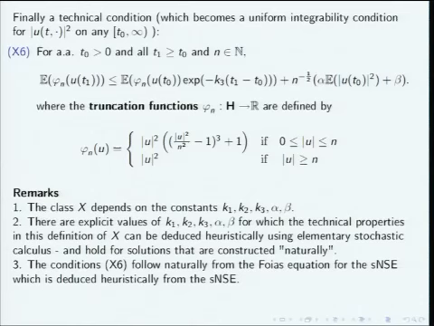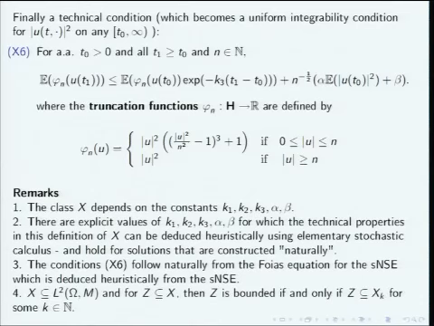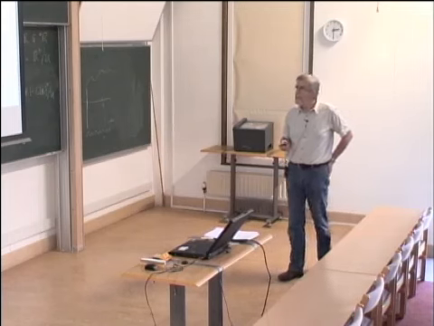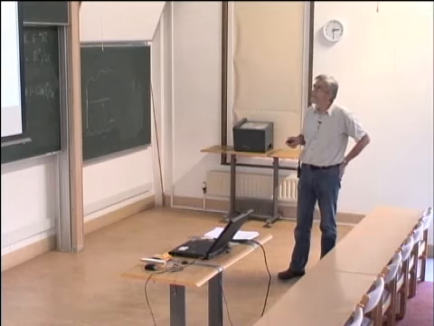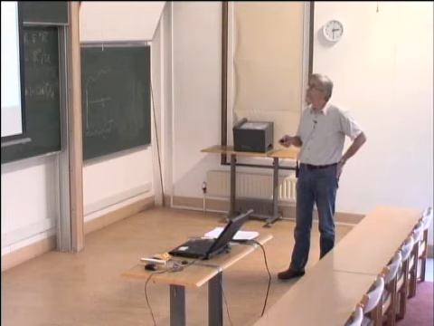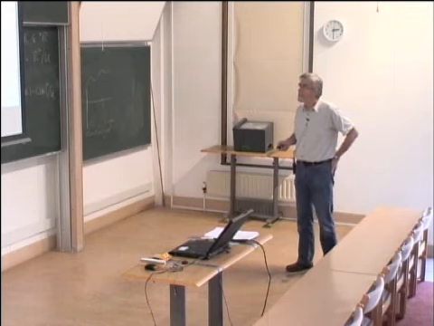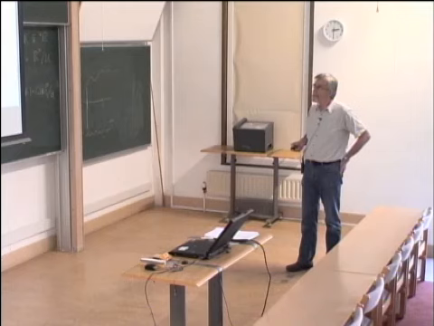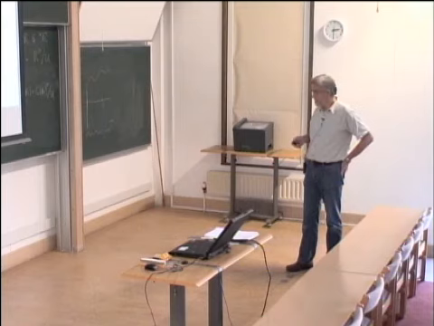The final point is that in the previous slide I defined these sets, the subsets Xk, which are sets where the integral of the energy from 0 to 1 is bounded by k. There's a bracket missing there.